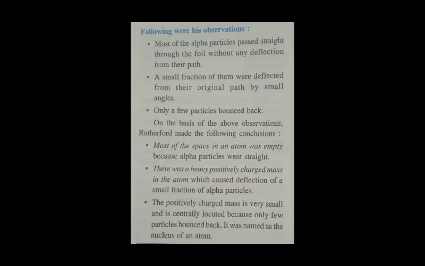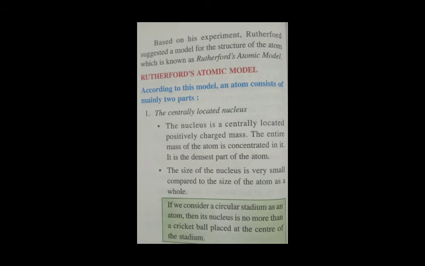So according to Rutherford, what is the atomic model? According to this model, an atom consists of two parts. One is the centrally located nucleus. The nucleus is a centrally located positively charged mass which is very, very small, and most of the atom is empty.